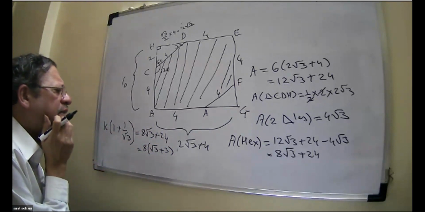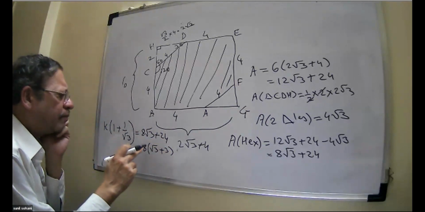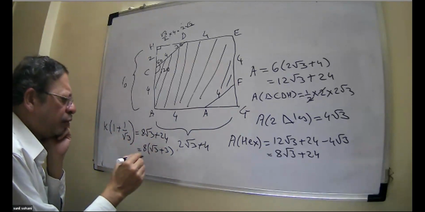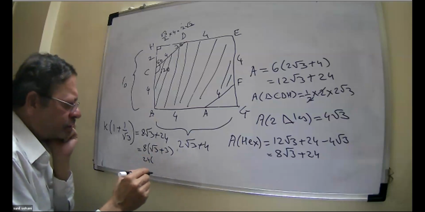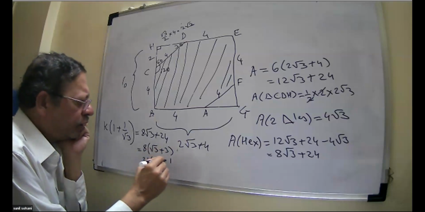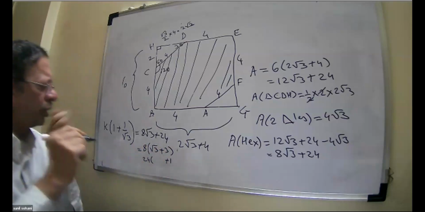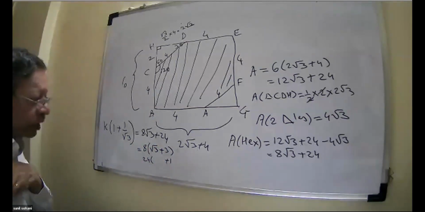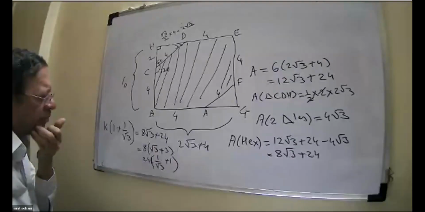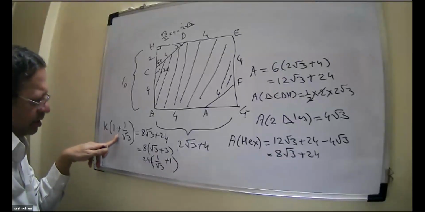So to achieve that, if I take 3 common, 8 3s are 24, I take that out. Now what happens inside? Here 1 will remain, but here I am taking 3 common and there is only root 3, so it will be 1 upon root 3 naturally. I am trying to match this bracket, for which I have taken out 3.